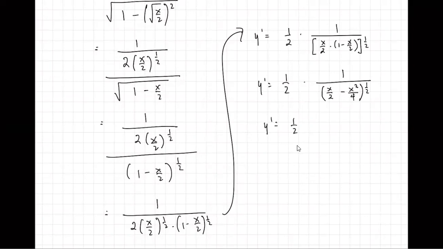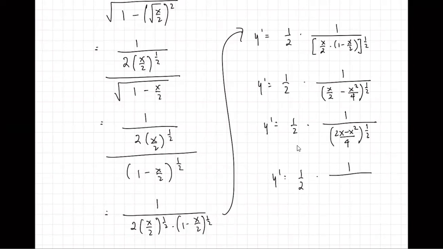So 1/2 1 over. So combine natin. This will be 4. So 2x minus x squared. Okay. Raised to 1/2. Then naka 1/2 yan. Pwede natin ilabas. So 1/2 times 1 over.